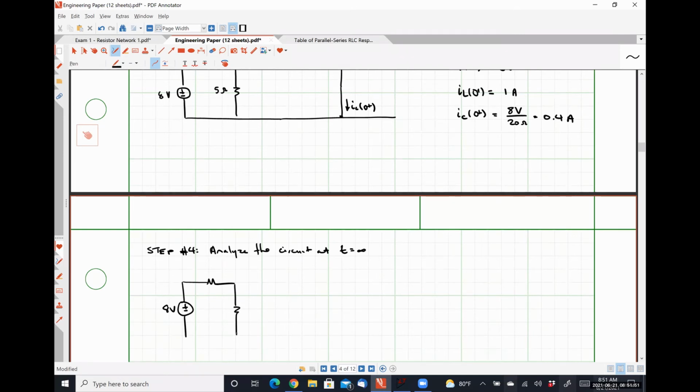So let's see, here's my 20 ohm resistor, 5 ohm resistor, my inductor is a short, my capacitor is an open, and then out here, I have my 1 amp source.